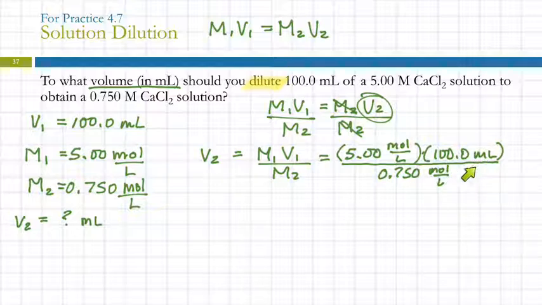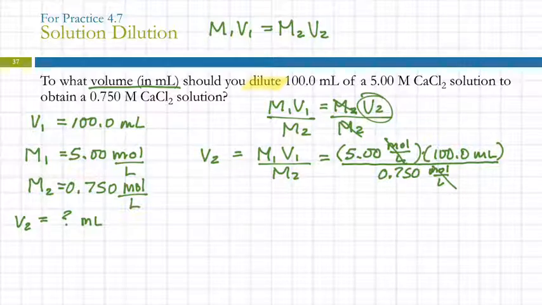Do I have to convert milliliters to liters to do this problem? I don't. Because the units on this molarity and the units on that molarity are going to cancel out. I've got moles per liter in the numerator and moles per liter in the denominator, and so those will cancel out, leaving me just milliliters, which is a unit of volume, and is actually the requested unit of volume.